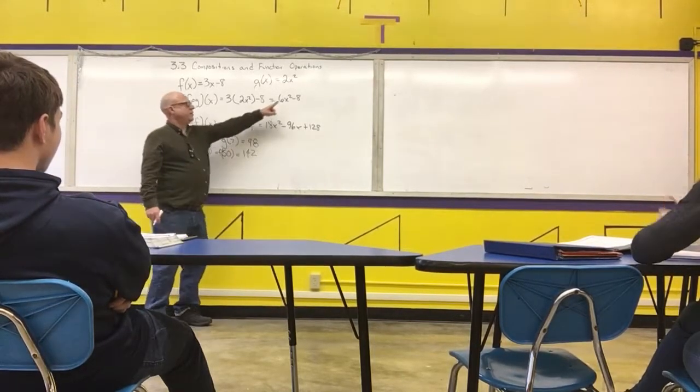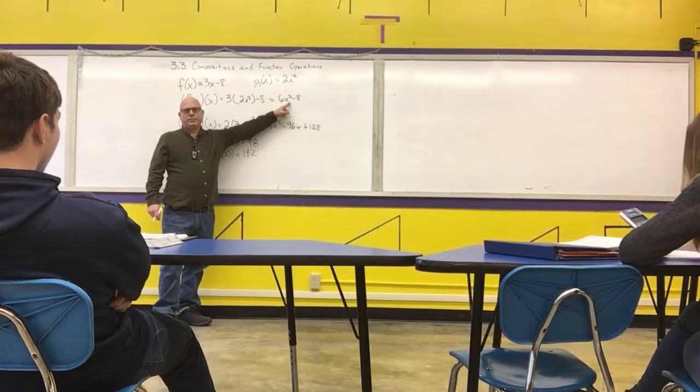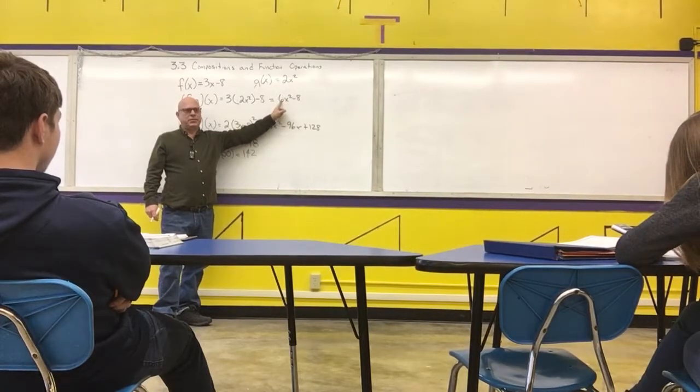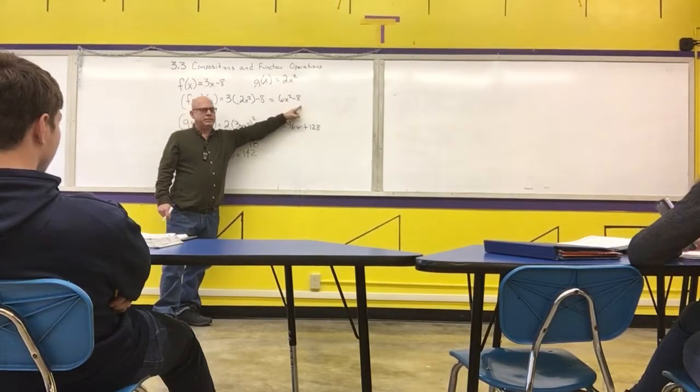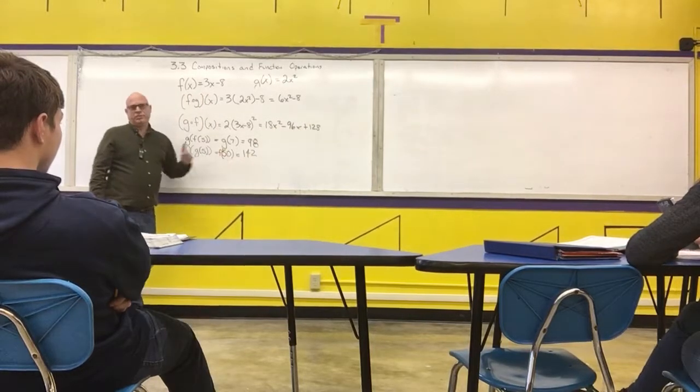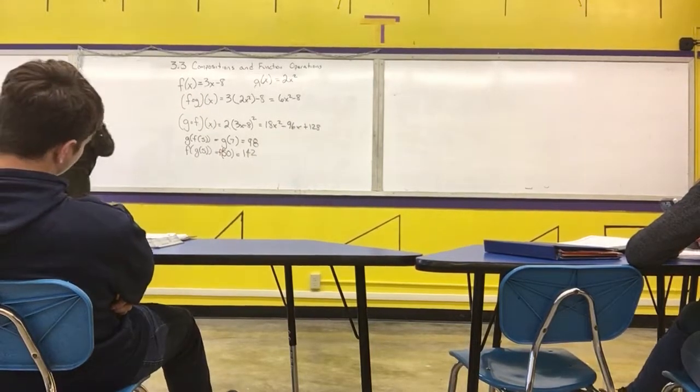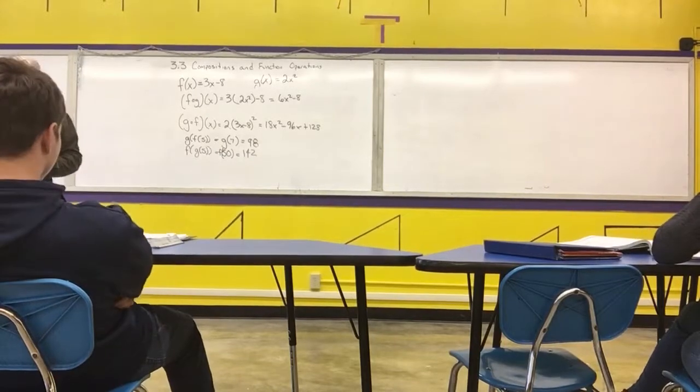So let's put a 5 in here. 5 squared, 25, times 6, 150. 150 minus 8, 142. So you can do it either plugging it into the composed function or you can do each step individually.